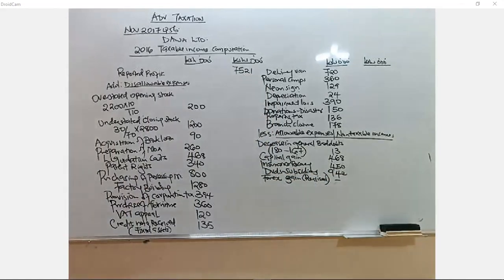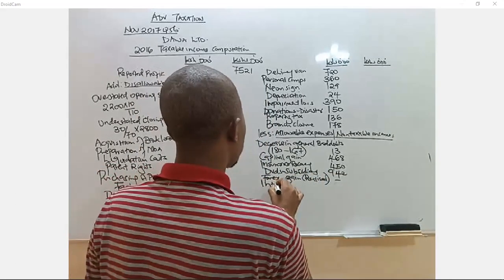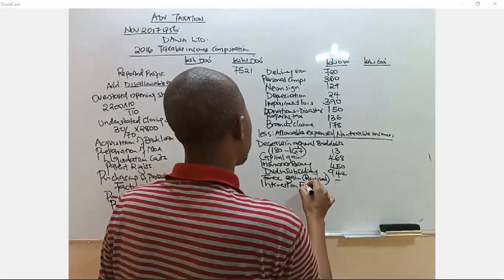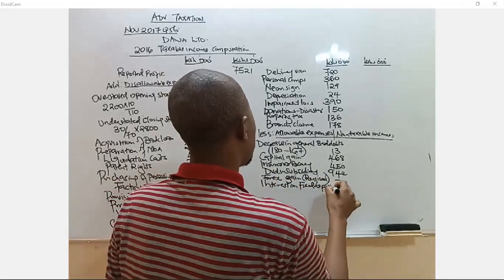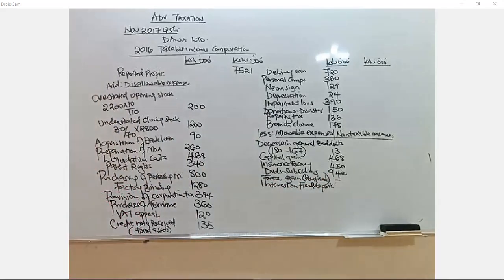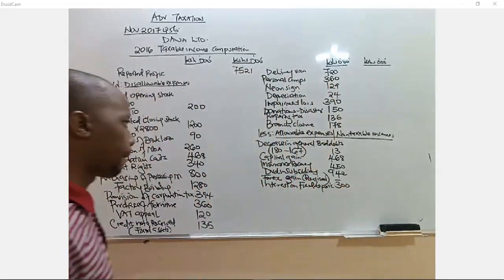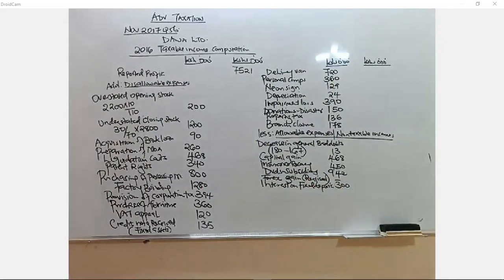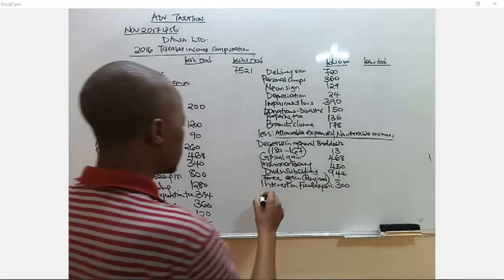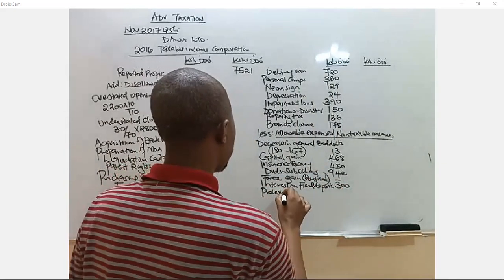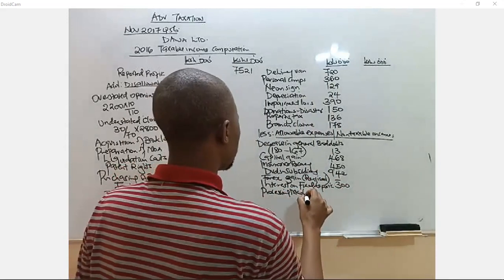Then also we have interest on fixed deposits, right? Interest on fixed deposit amounts to 300. 300 there. Then now, give the capital allowances to the expenses that you think qualify. We start with the processing machinery.